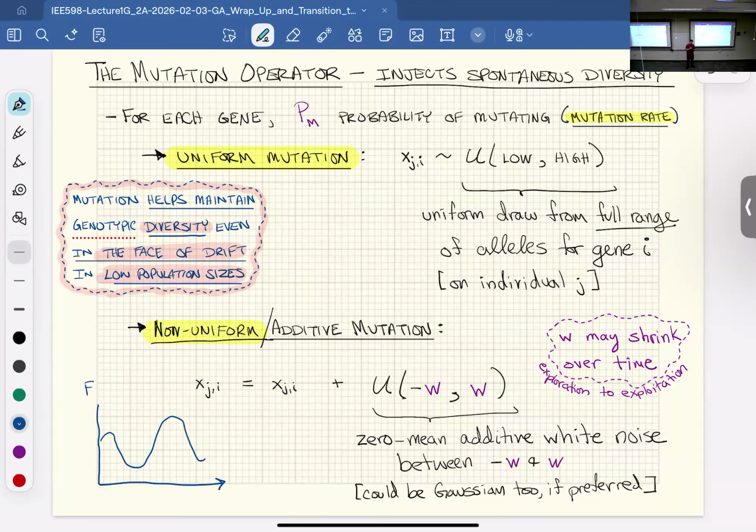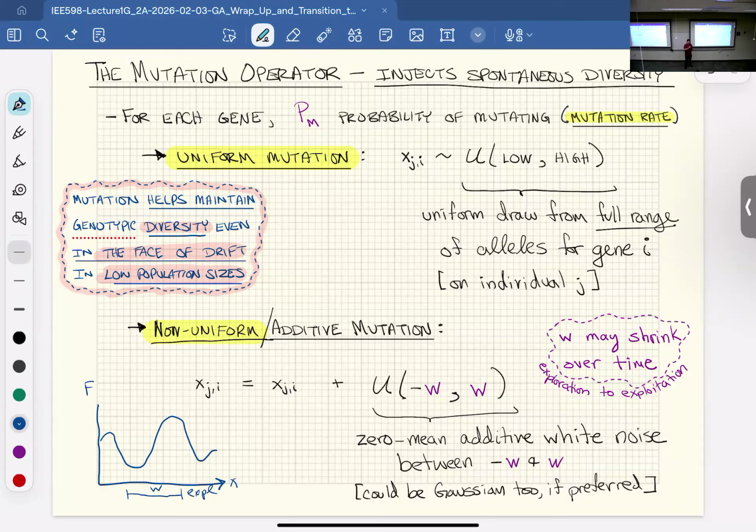I would say that exploration would mean you have a W which could get you to another fitness peak. But then exploitation might be a W where it will keep you on the same peak. I should make this clear that it's exploit versus explore. So if it's a big W, the thing is, you have to know a little bit about your optimization objective. And so you have to have some sense.